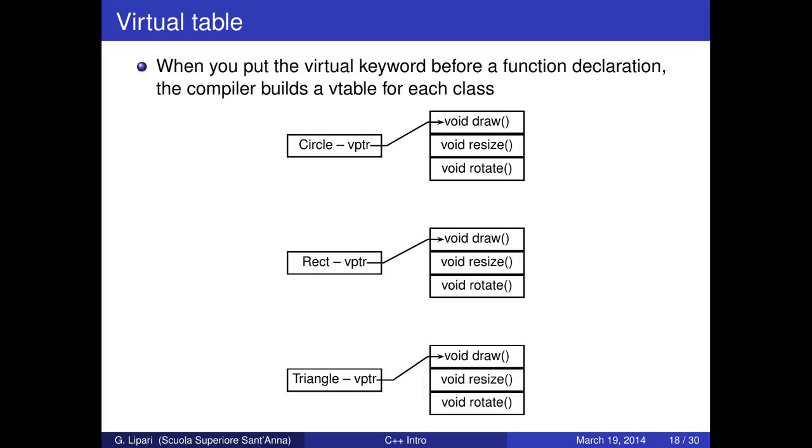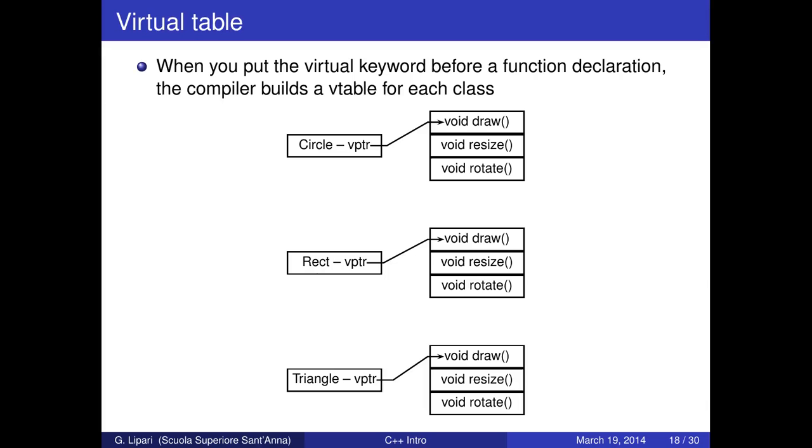Classes which define virtual functions are a little bit different, because in those classes something extra is added to the structure, and in particular at the very beginning of the structure there is a specific pointer. It is a hidden pointer which is called a virtual pointer, which points to a table of functions, one for each virtual function we are going to define. Now there are many of these tables, one for each class in the hierarchy of derived classes.